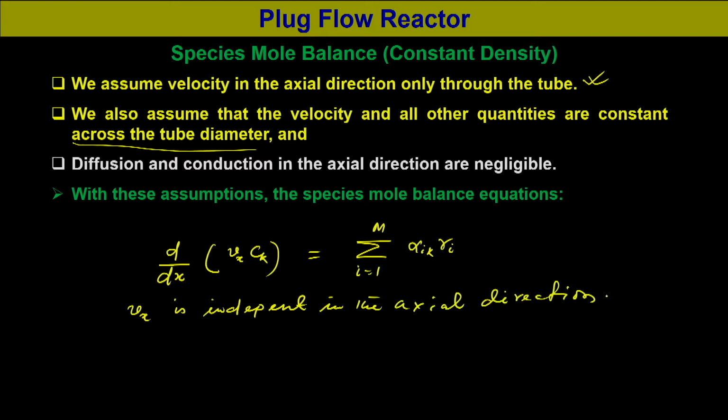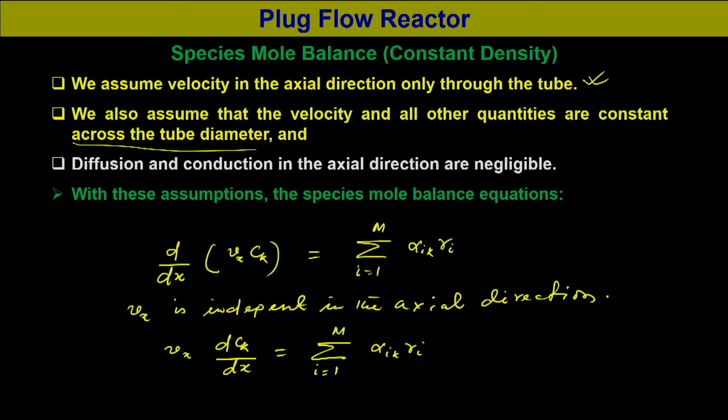So, we can take V x out of the derivative. So, we can write V x d C k by dx would be equal to summation over i equal to 1 to m alpha i k r i.